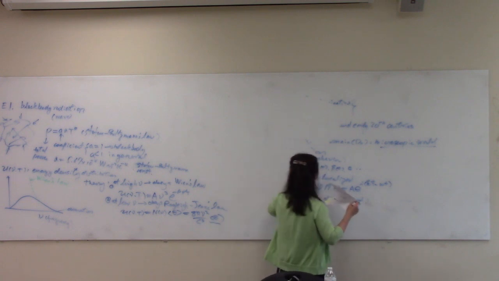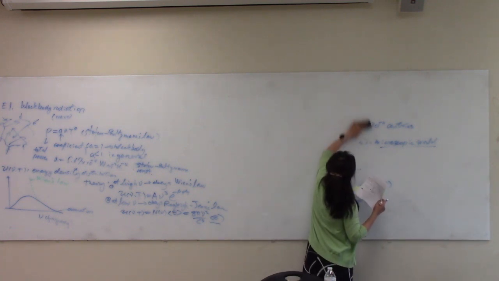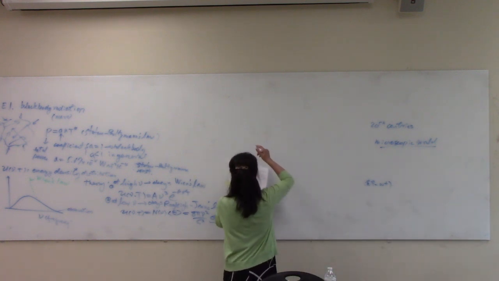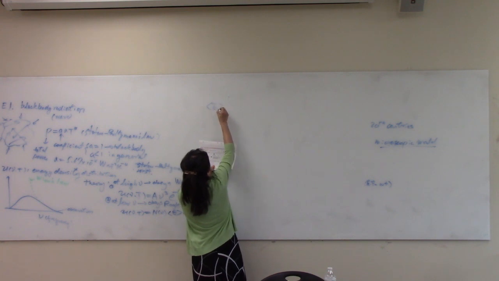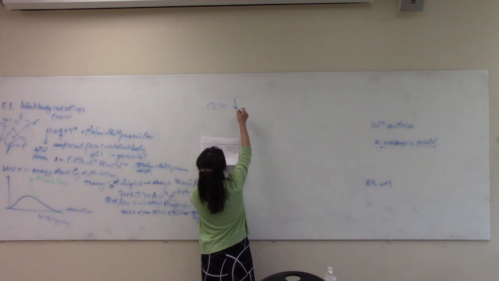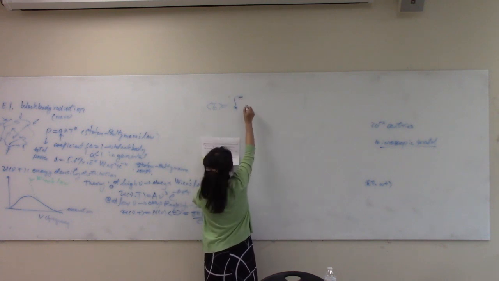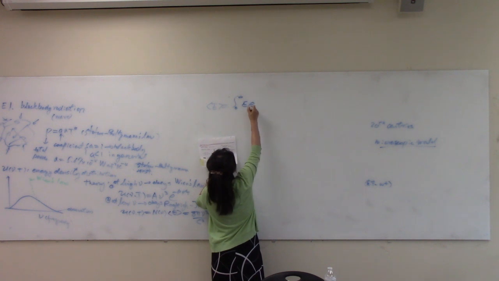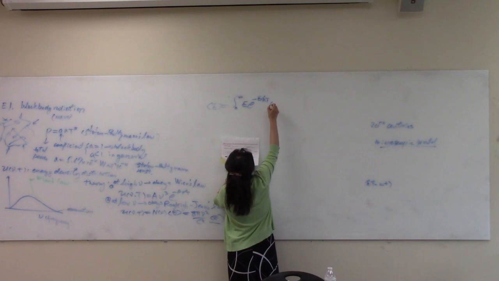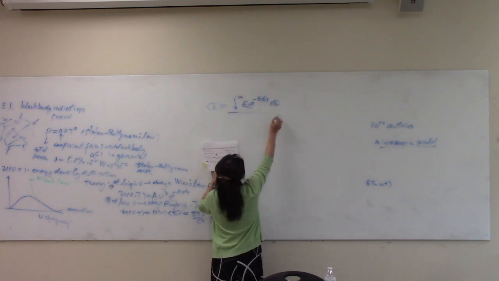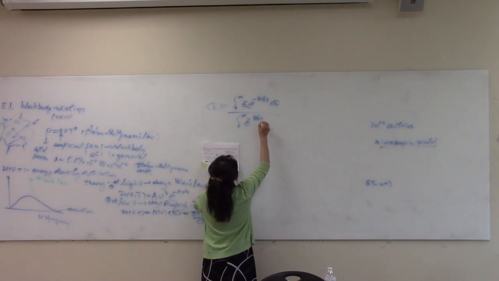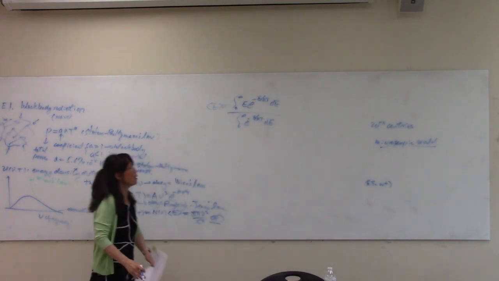Since this is wave behavior, we are going to take the average of energy using the Boltzmann-Maxwell distribution. So we follow the statistics: we integrate from 0 to infinity of this energy, for a given energy with the Boltzmann distribution, dE, and divided by the normalization, right?